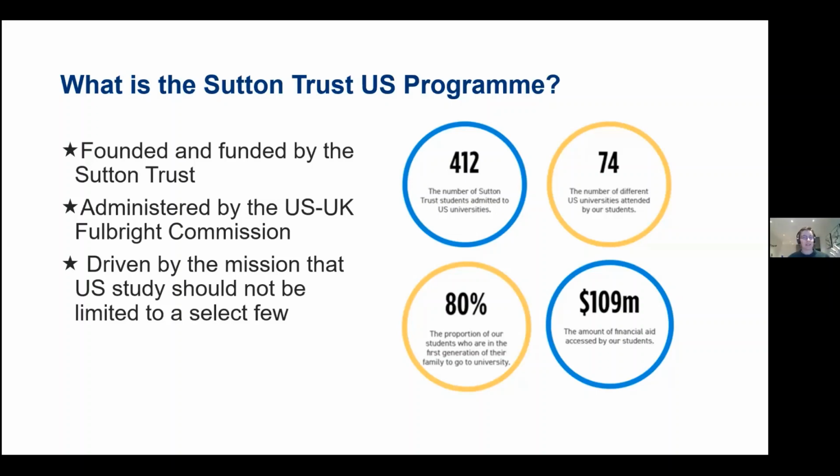So we have a lot of expertise in that area, and the Sutton Trust, as the UK's leading social mobility charity, really helps us reach out to students who perhaps wouldn't otherwise have the opportunity to study in the United States. And we think that being able to apply to US universities and enroll in US universities is an opportunity that should be open to anyone, regardless of their income levels.